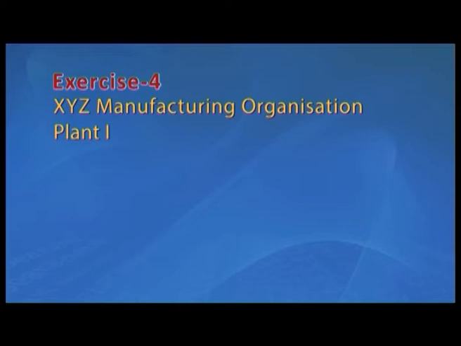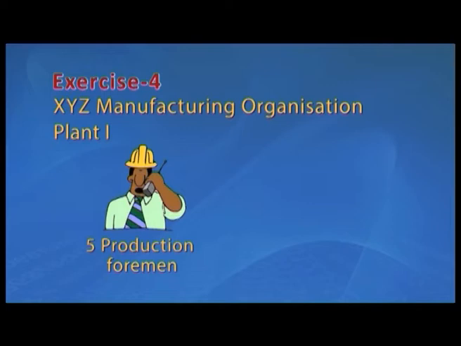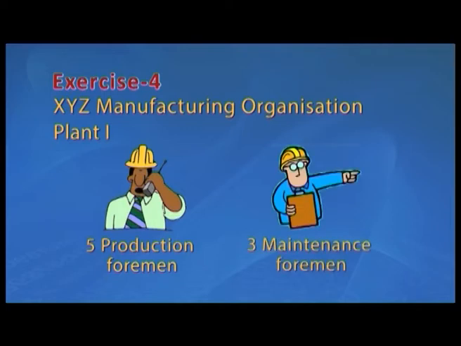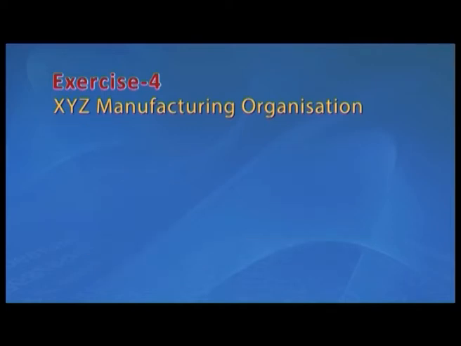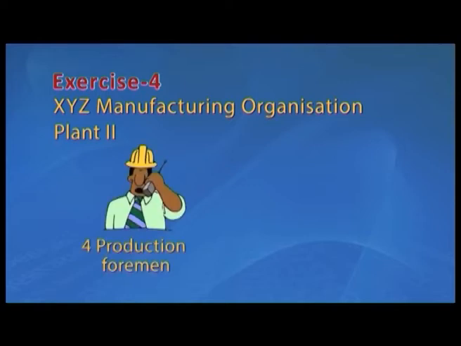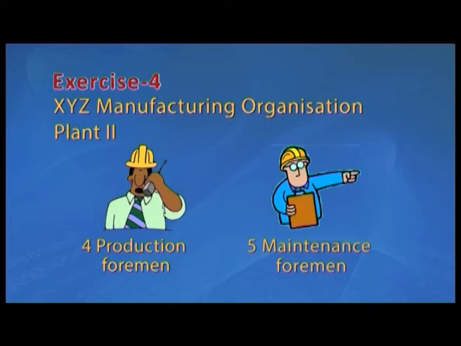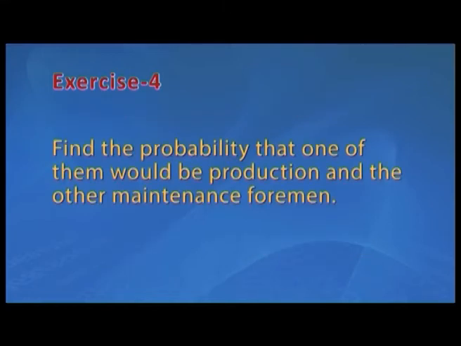Let's take another problem. Plant 1 of XYZ manufacturing organization employs 5 production and 3 maintenance foremen. Another plant 2 of the same organization employs 4 production and 5 maintenance foremen. From any one of these plants, a single selection of 2 foremen is made. Find the probability that one of them would be production and the other a maintenance foreman.